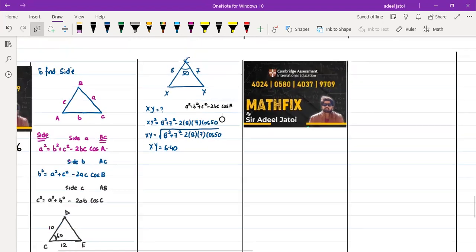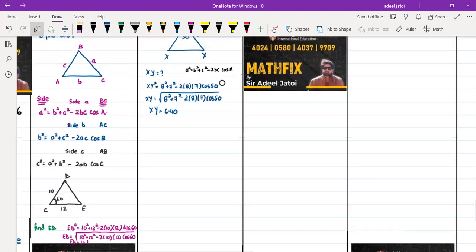In a similar way, as I said, this can be used for the angles as well.